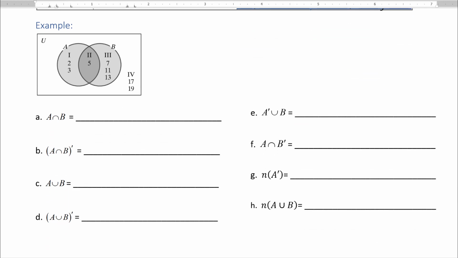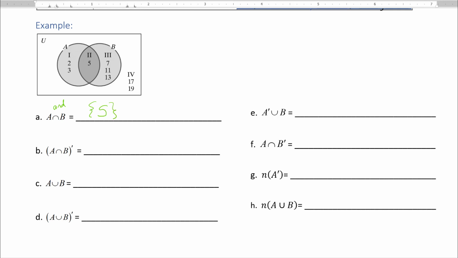I have the regions 1, 2, 3, and 4 listed again, but all I'm really asking for is the elements this time. So A intersect B. That means it can be in A and it has to be in B. So it has to be in both. The only one there is 5 that's in both.